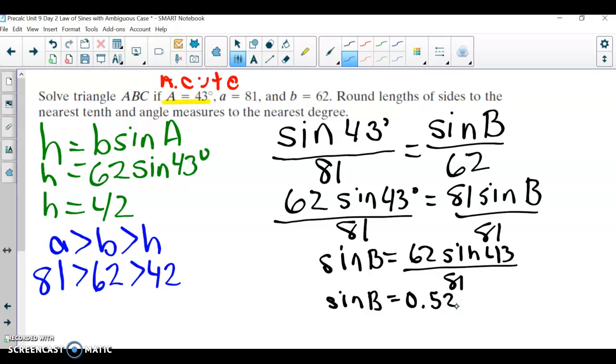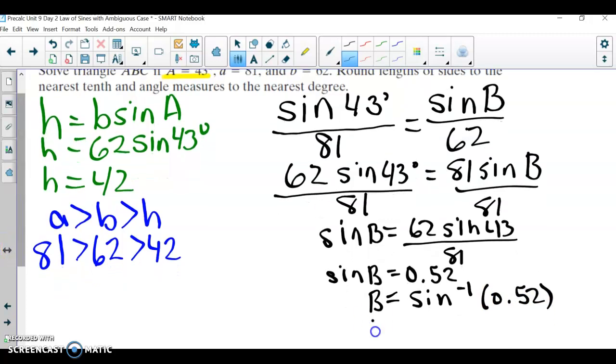Well, how do I find B? That was the biggest thing that you guys struggled with. You have to take the inverse sine of that decimal in order to actually get what B is. If I go to decimals again and plug the value in, I get that B to the nearest degree is 31 degrees.